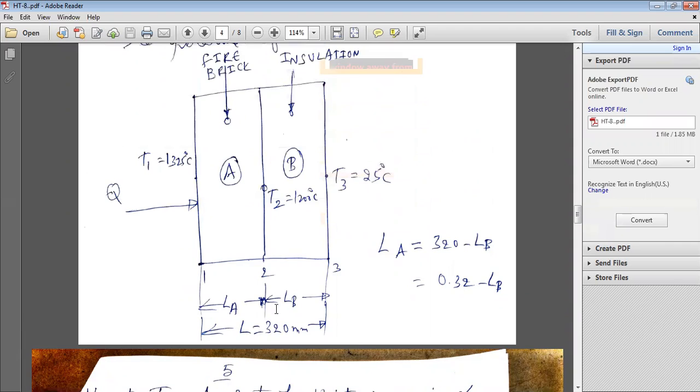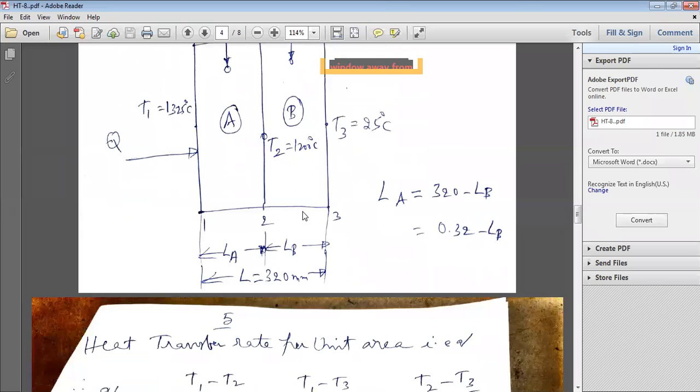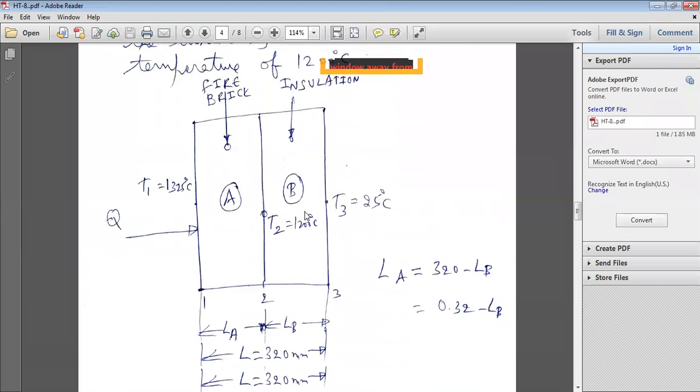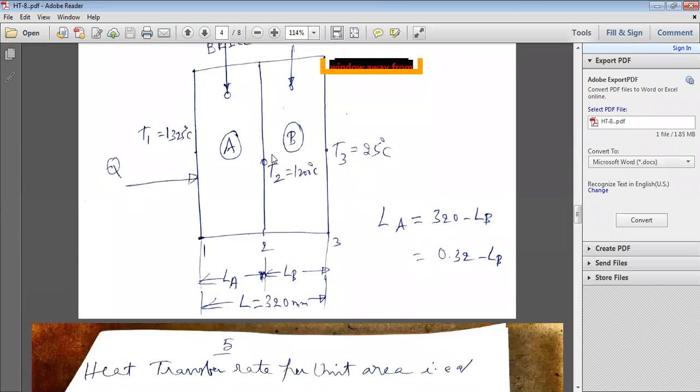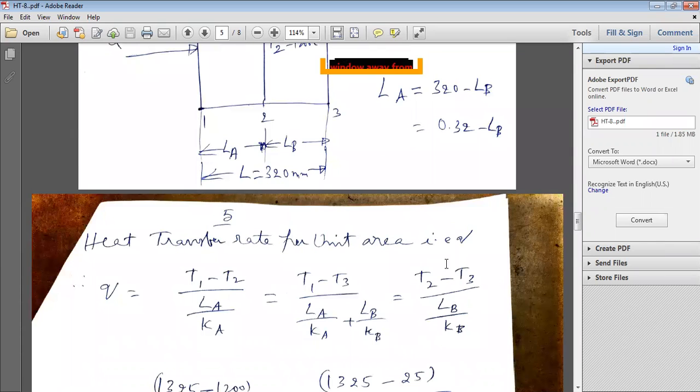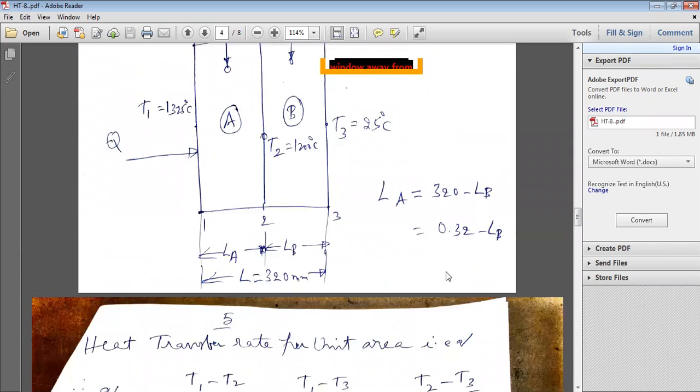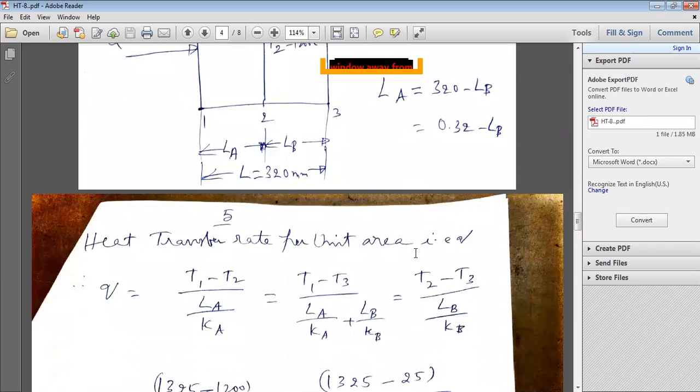That is equal to, you can consider again T2, T3, the temperature drop from T2 to T3. So for material B, T2 minus T3 divided by LB by KB per unit area, but A is equal to 1.